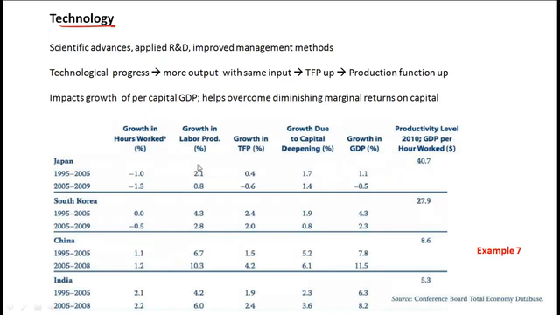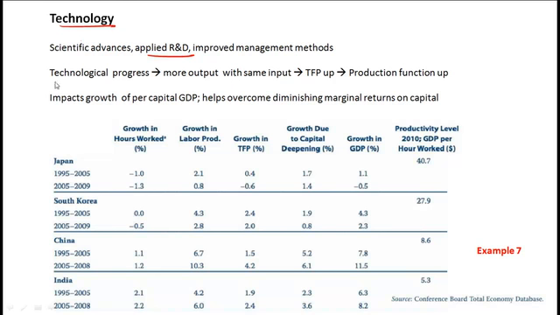Technology. Now, as we've mentioned earlier, when we talk about technology in an economic context, generally we mean something that is making us more efficient or more productive. So scientific advances, applied R&D, improved management methods, better ways of production, and so on, all these are collectively referred to as technology.